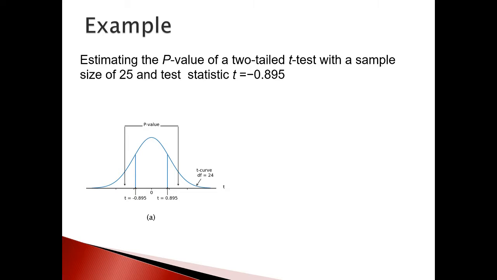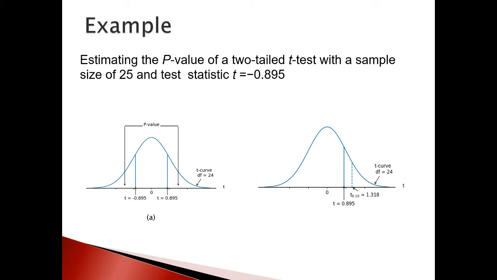This is the same calculation as the previous example. From figure A, the area lies to the left of negative 0.895 and to the right of 0.895. And we know that the t curve is symmetric about 0.